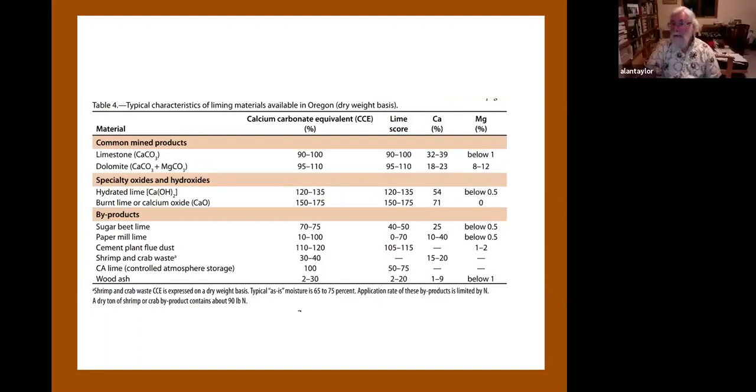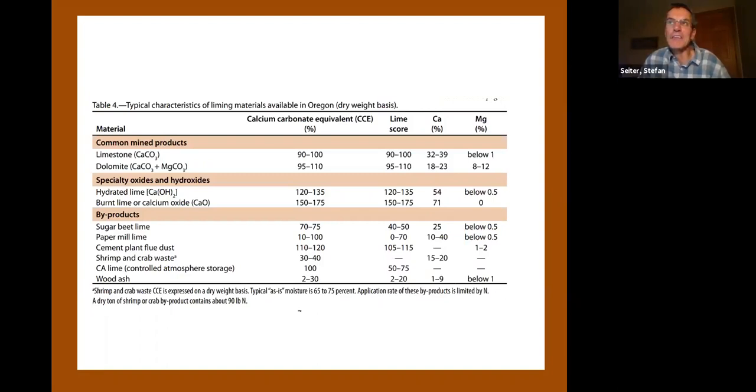Okay, I see a last question in the chat, and I will pose this as a last question. It's starting to get late. How does liming fit in with sowing a cover crop? You can do that at the same time. Basically, when you prepare your ground for cover cropping, you could apply the lime.